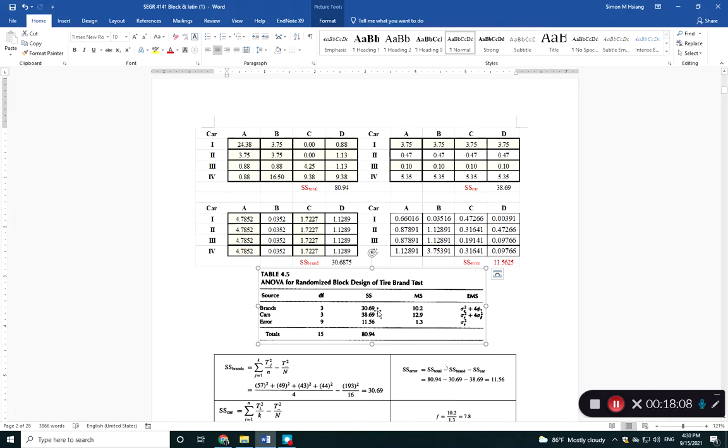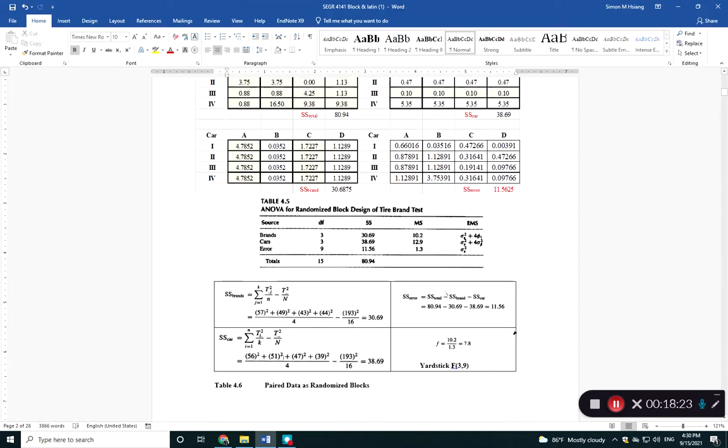Okay? And then, of course, after that, you divide by the degrees of freedom, you get your MS term. And then you take the MS term divided by the error term, you get your F-test done and your F statistic, just like before. Okay? And here is the algebraic way to do that.